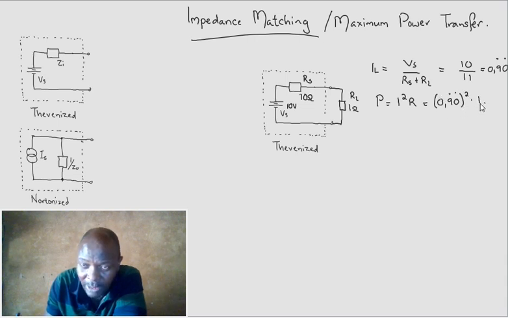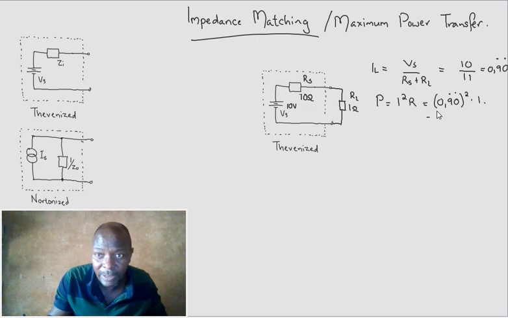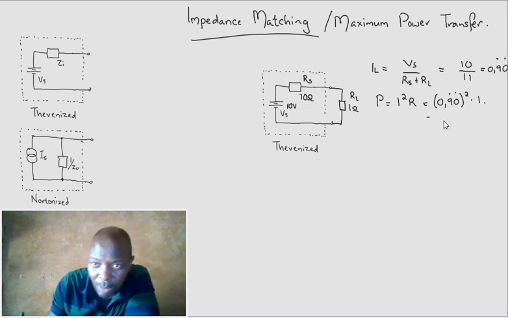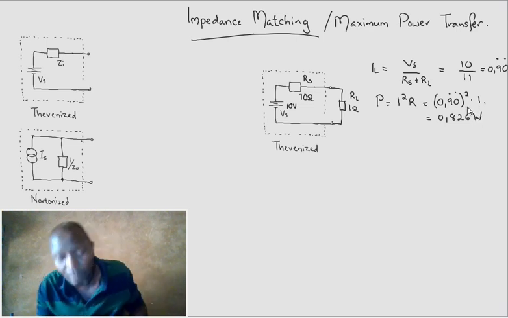Squaring this and then times 1 won't change it. That will be 0.826. So our power here is 0.826 watts, or 826 milliwatts. This is our power in the first instance.